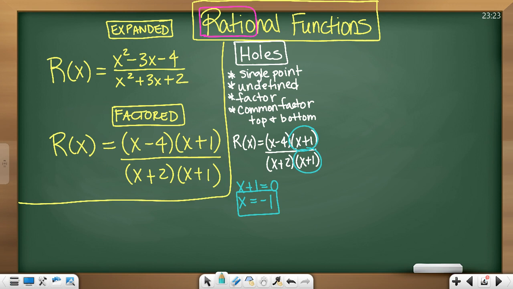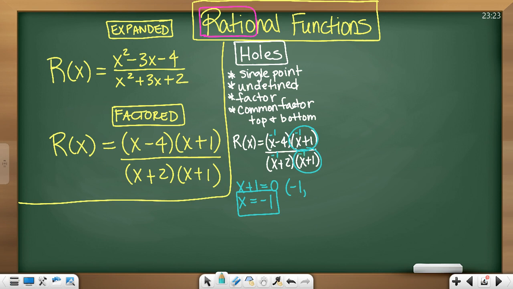Now, if I wanted to actually find the y value, so this is my x coordinate, I would take that negative 1 and substitute it back into the equation. You haven't been required to do this since we're just beginning rationals and doing the basics. But what you would do is go back into the equation and plug in negative 1 everywhere you saw an x.